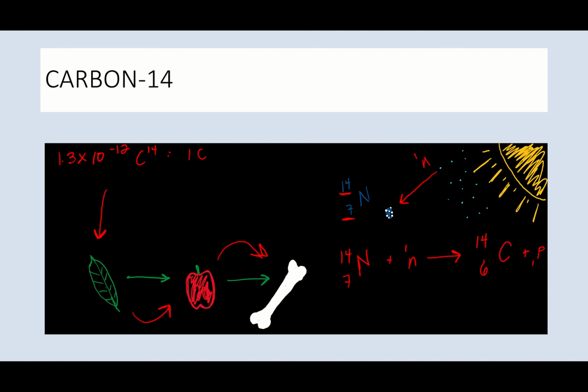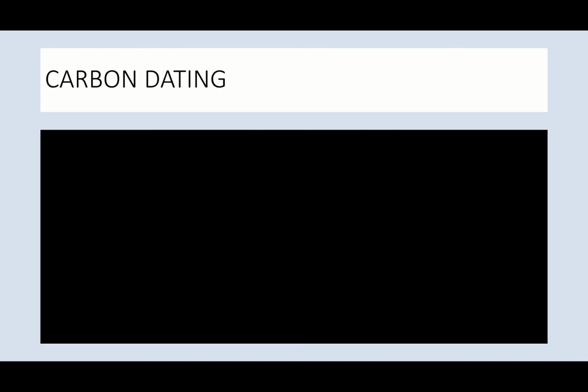So that means that at any given time, as long as you are eating plants or eating something that eats plants, then a fixed ratio of the carbon inside your body will actually be radioactive. So we can apply that concept to something like carbon dating.